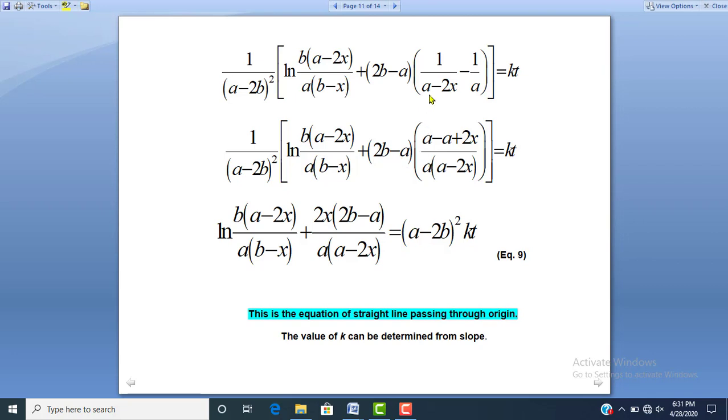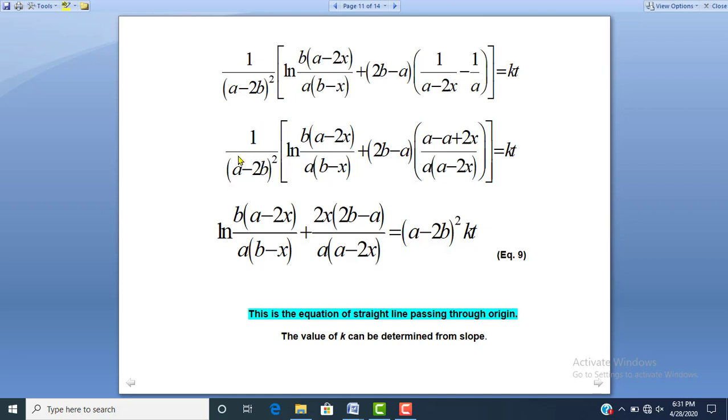So what we did, we took the LCM of this small bracket. And after taking LCM, this part of the bracket became a minus a plus 2x divided by a into a minus 2x.